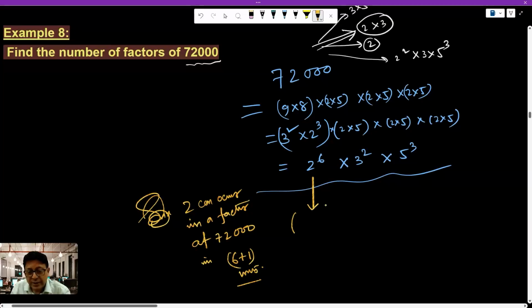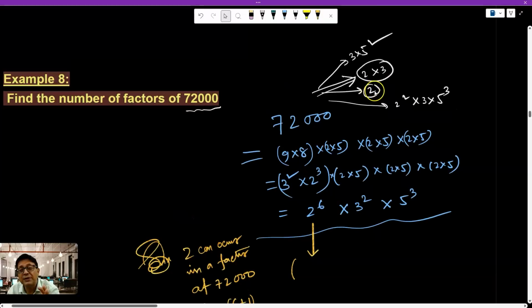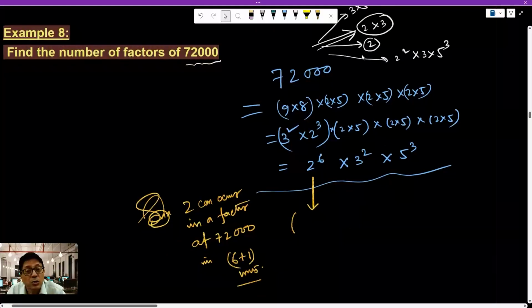I explain why 6 plus 1, because that factor may contain 2 once only. Here you see, it can contain twice, it cannot contain also. So how many combinations possible? For 2 it is once or twice or thrice or 4 or 5 or 6 or none, which can be done in 6 plus 1 ways.